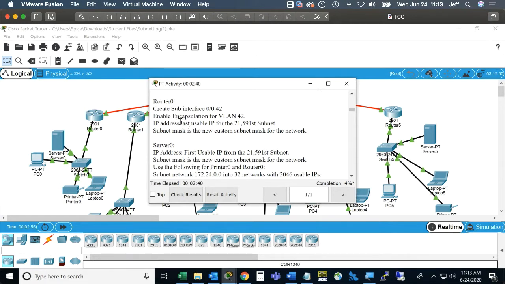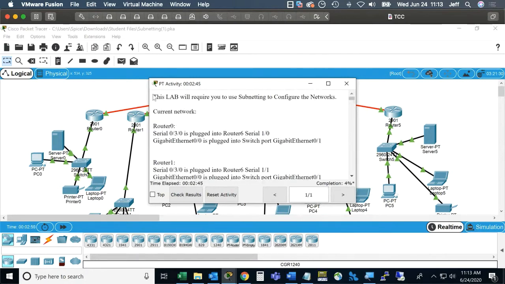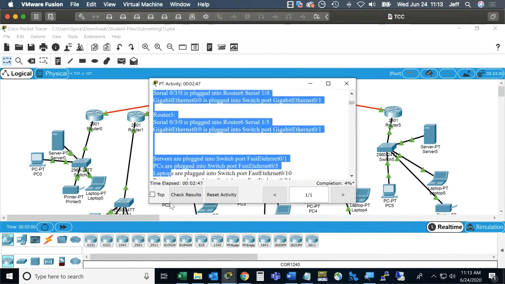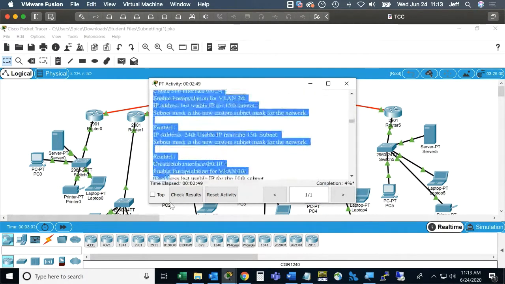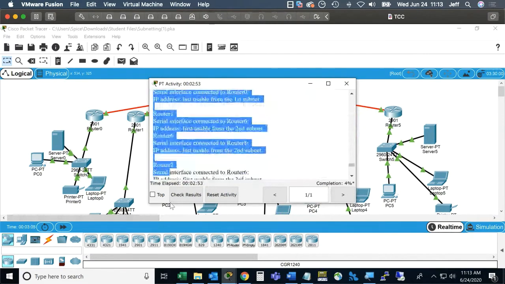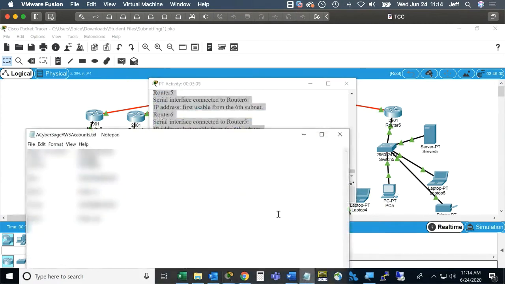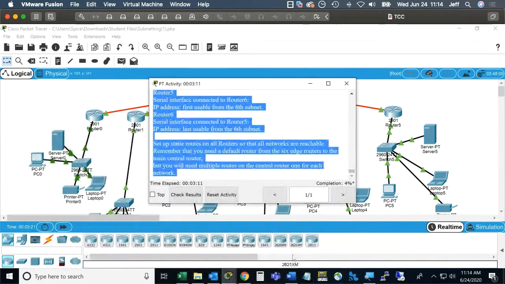It's all in here. I guess I could put it outside of it too. Yeah, it's a lot. That's why you have almost the whole course, right?